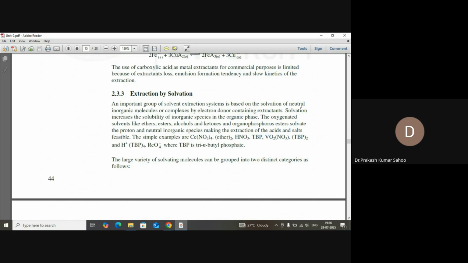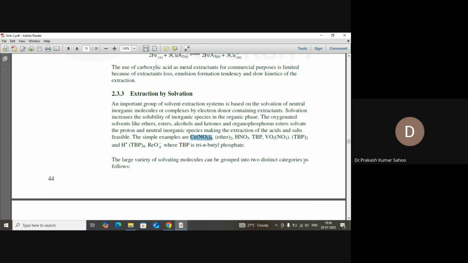So extraction by solvation, this is also one of the important methods of separation. So based on solvation of neutral molecular complexes, the electron donor containing extractants are there, like sodium tetranitrate, diether, nitric acid. These are some code names.